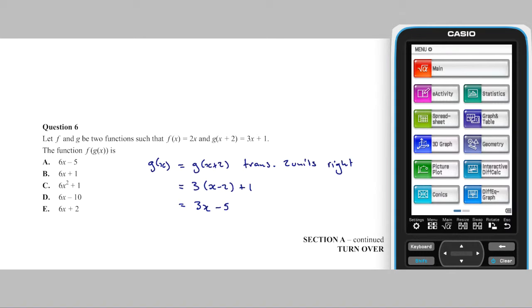And therefore, f of g of x is equal to 2 by 3x take 5, which equals 6x take 10. And hence the answer is D.